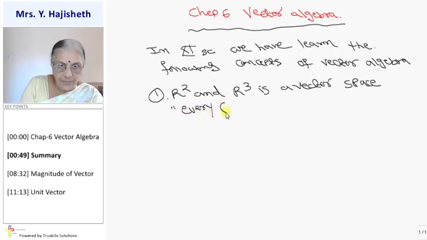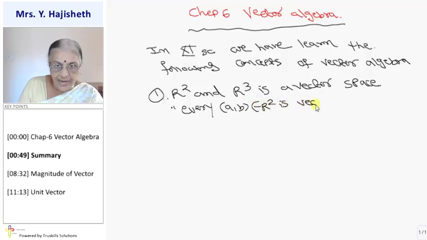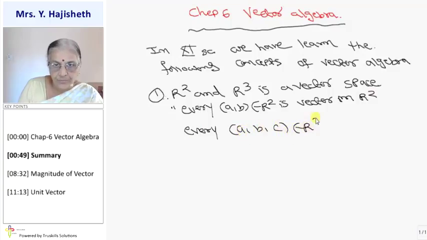So every ordered pair (a, b) belonging to R square is a vector in R square. And every triplet (a, b, c) belonging to R cube is called a vector in R cube.